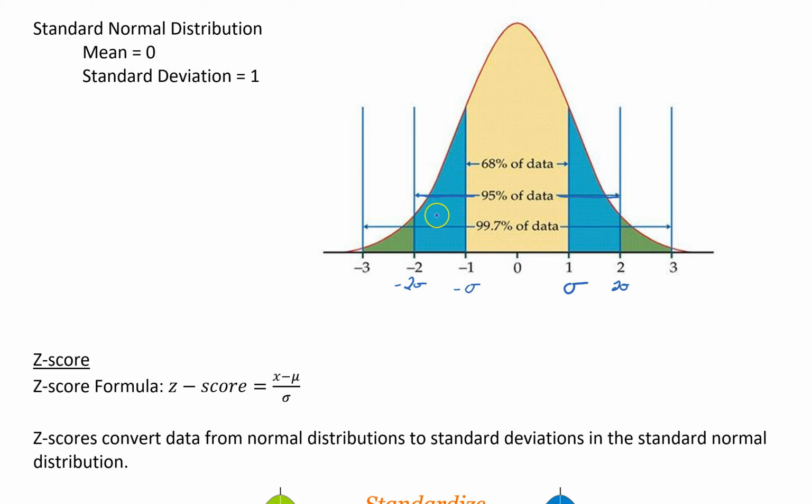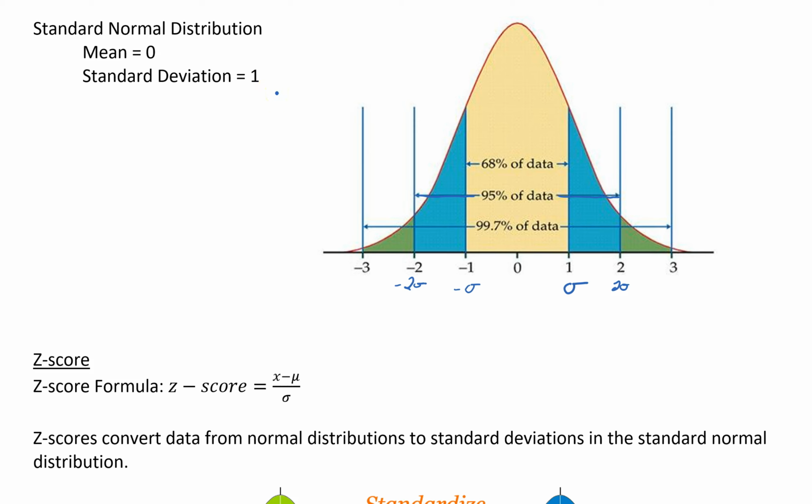So that's the blue, tan, and then blue added together. And 99.7% of the data is between 3 standard deviations below the mean and 3 standard deviations above the mean. And like I said, the mean is 0, and the standard deviation has to be 1.